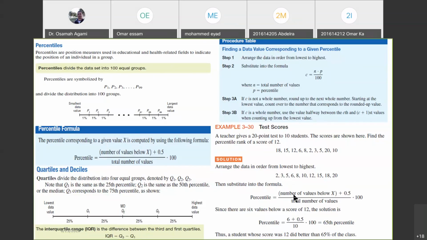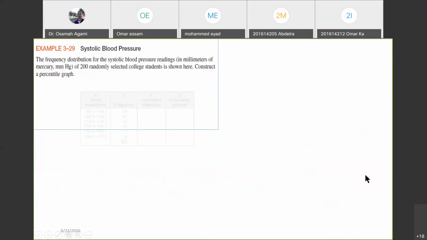So this value, which is 8, lies in the 65th percentile. It means before this one, there is 65% of the data. After this one, there is 35% of this data. Okay, this is what percentile means. And again, we link this one to what?